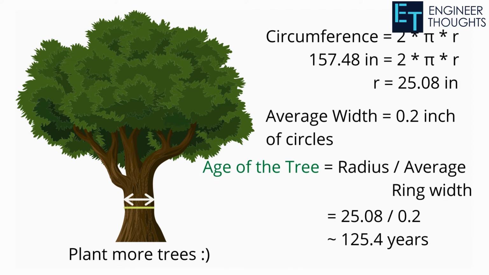Let's say we take the width of each concentric circle of a fallen tree, and with the circumference of the circle we measure the diameter and calculate the radius. As soon as we have the radius of the tree as well as the average ring width calculated from the fallen tree, we just divide the radius by the average ring width. We get the approximate age of that particular tree. In this way, the circumference concept is used in calculating the age of a tree.